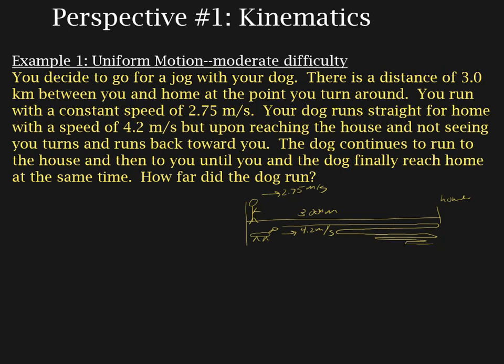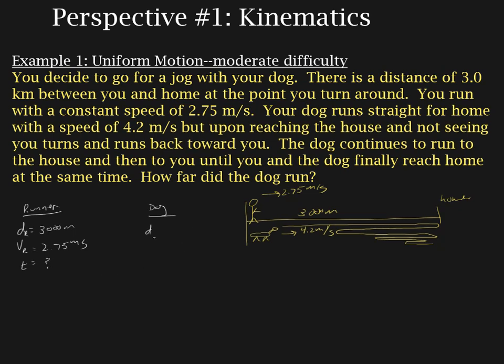We first drew the picture, then for each object we're going to write down our information. So we have the runner, and then we have the dog. And for the runner, the displacement is known, and that's going to be 3,000 meters. We know the velocity of the runner is going to be 2.75 meters per second, and the time that it takes to get back is unknown.